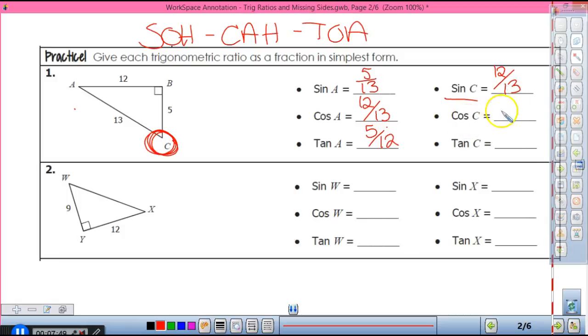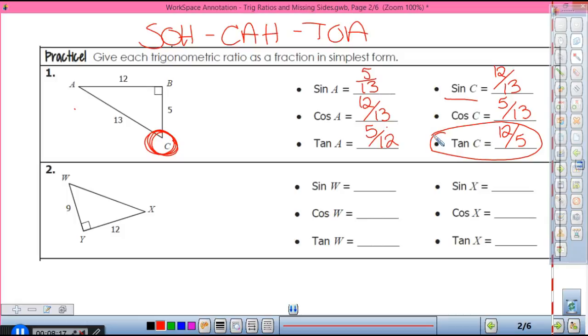Cosine adjacent 5 over hypotenuse 13. And tangent opposite 12 over 5. Which one of those ratios is greater than 1? The tangent of C. Okay?